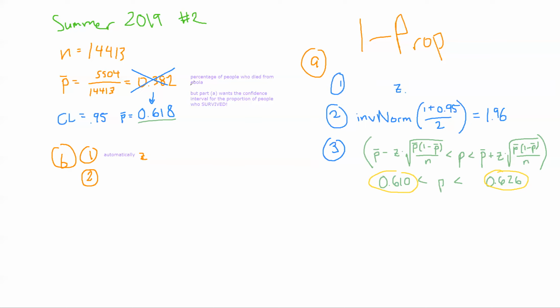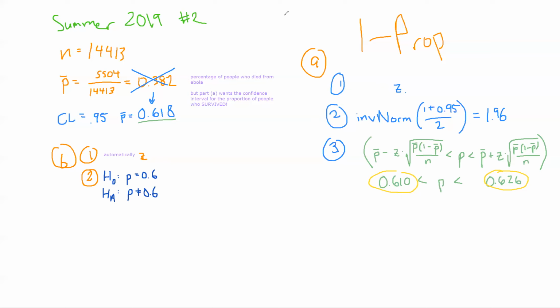So let's start by reading through: use the rejection region approach to test the null hypothesis that the true survival probability is 0.6. So say H null, the true survival probability, so p, is 0.6 against the alternative hypothesis that it is not. So that would be H sub A, p not equal to 0.6.